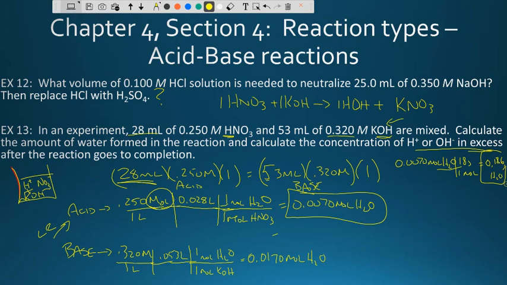Now the second one is asking about how much excess remains. So if I subtract those two now, I end up with a difference of 0.0100 moles of hydroxide different. Okay, of that water difference.